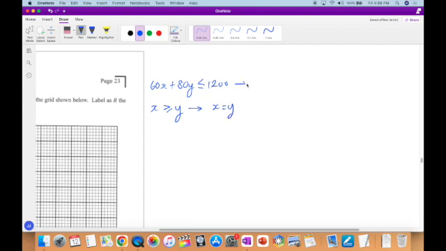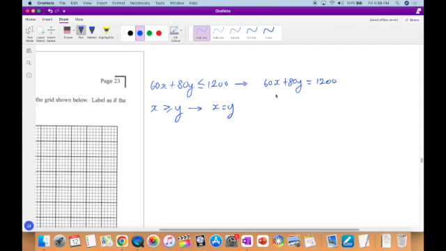This one, however, is 60x plus 80y is equal to 1200. And well, obviously, we need to simplify this somehow. So I notice everything could go into 2.